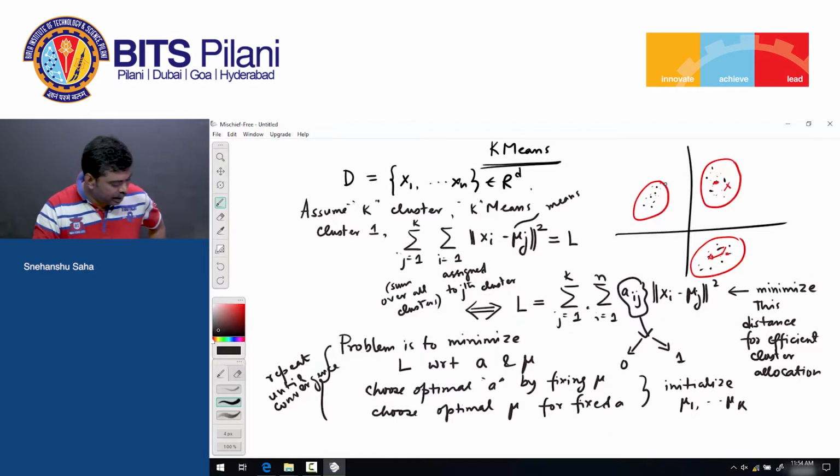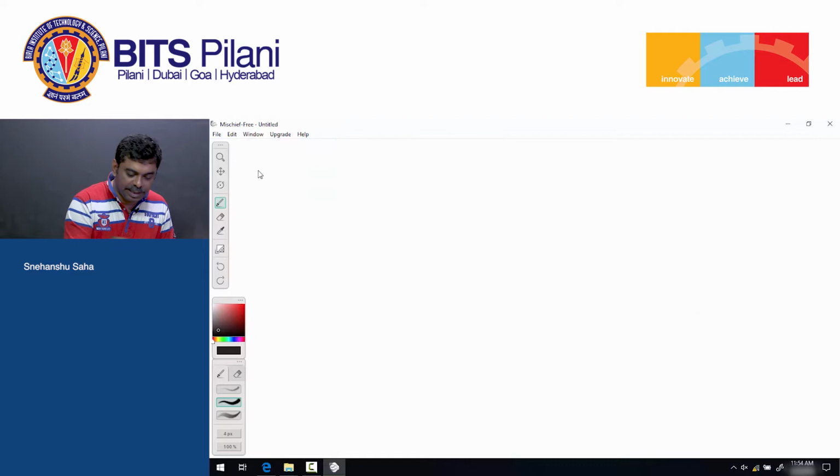I'm not going to compute the first derivative, but I'm just going to show you the solution to the optimization problem. What you do is you compute the partial derivative, because you have a bunch of clusters, j clusters.